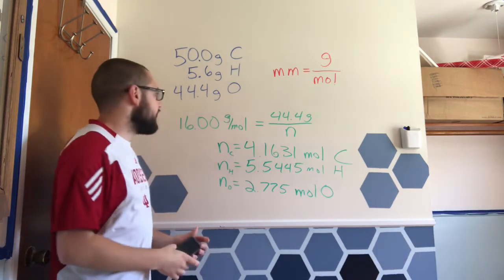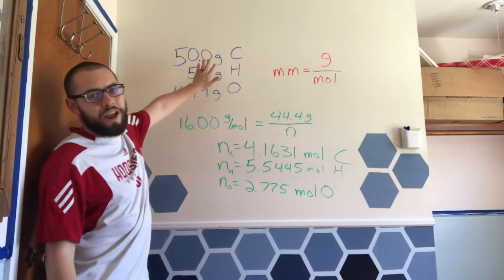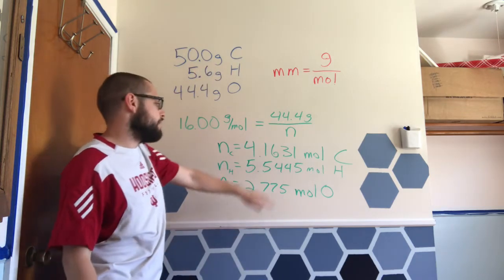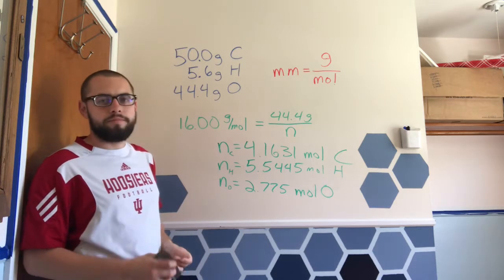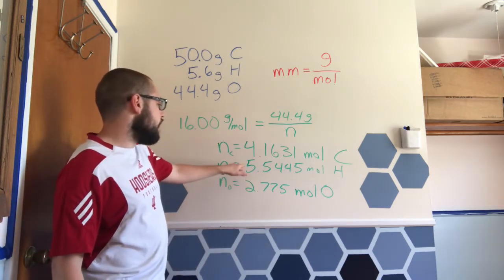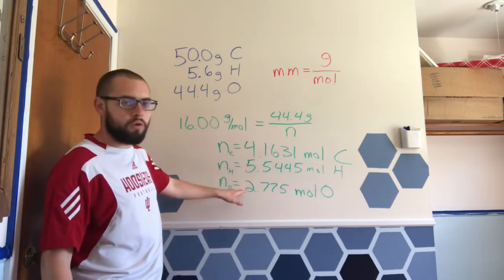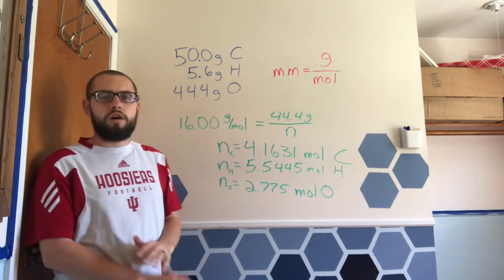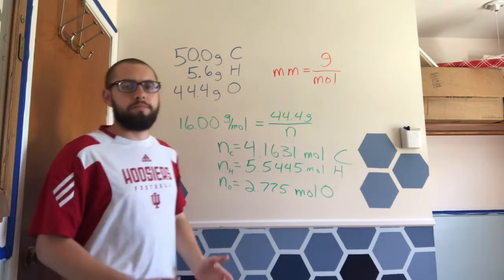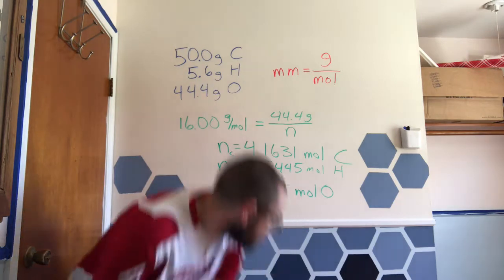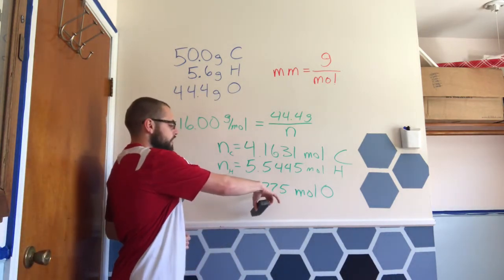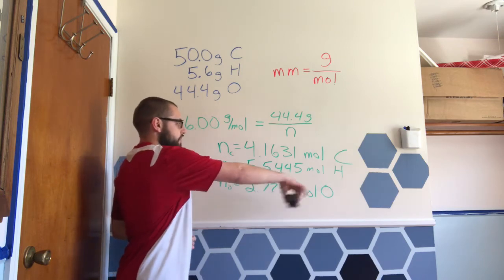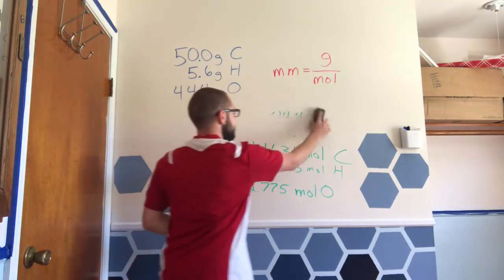I've taken all of these grams and I've converted them into moles. The next step, look for the smallest amount of moles and divide all of them by that smallest value. So my smallest value here is this one, 2.775 moles of oxygen. Let's clear some space here.